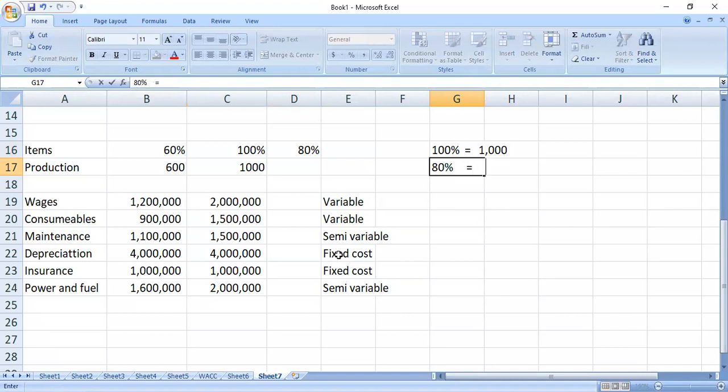You don't know, means it's X. Then you cross multiply. So cross multiplying, 100% times X should be equal to 80% times 1000.